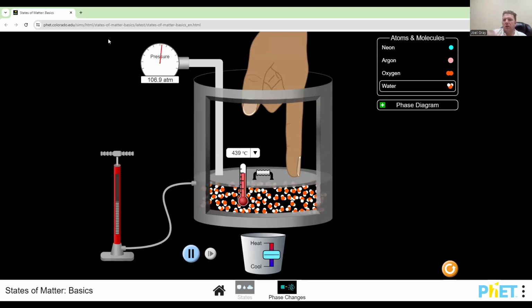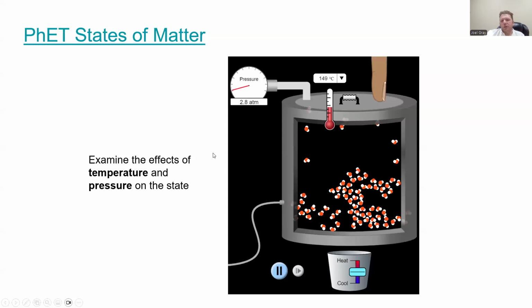That causes the number of collisions to go higher, increase very dramatically, and my temperature went up as well. So the takeaway from this is that pressure and temperature have an impact on the state of matter.